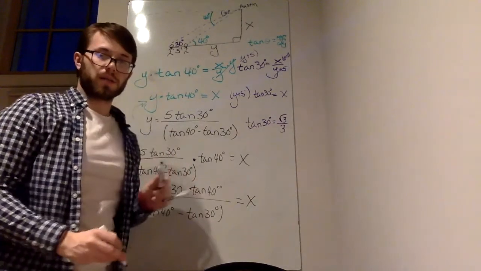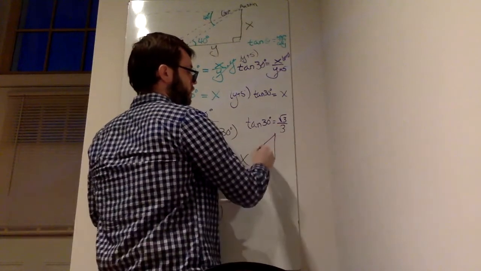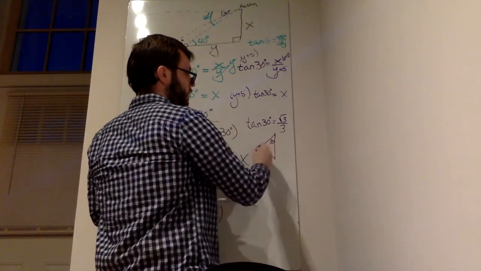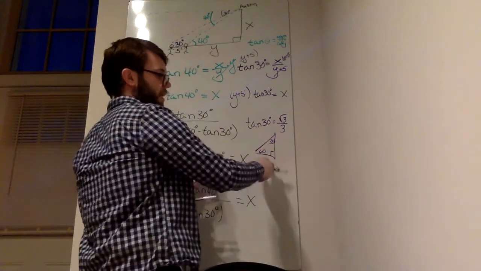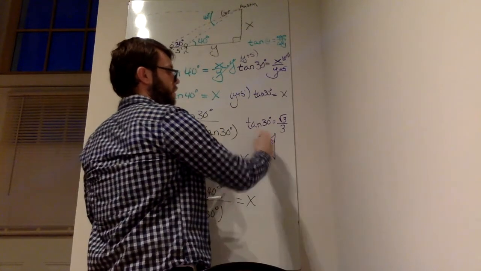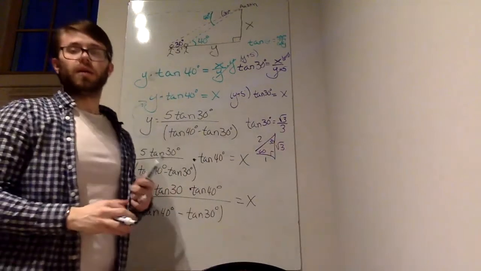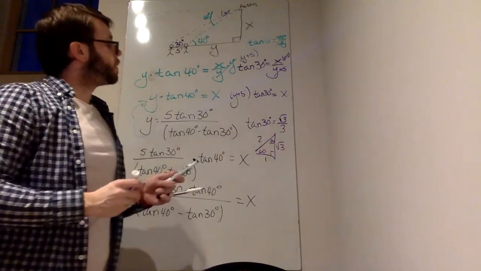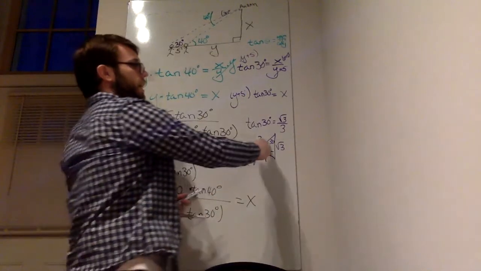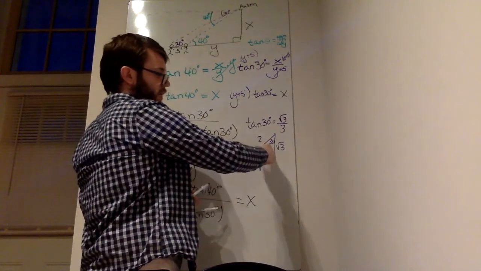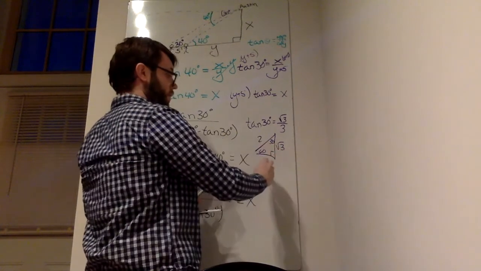In case you're curious why that's true, it is because if you have a 30, 60, 90 triangle, our ratio had that side as 1, the hypotenuse as 2, and the square root of 3 across from the 60. So the tangent of 30 degrees is the opposite, which is 1, over the adjacent, which is square root of 3.